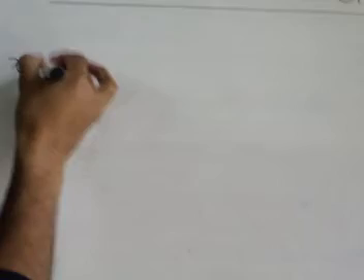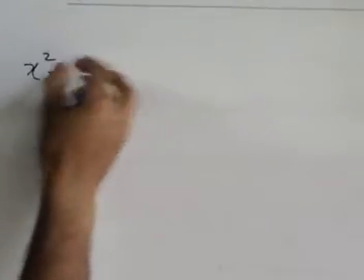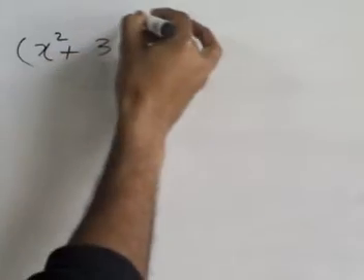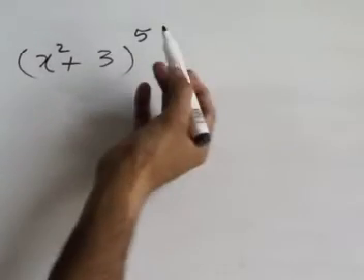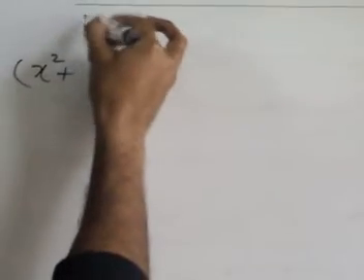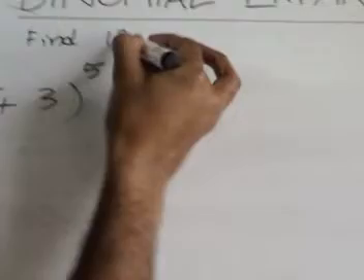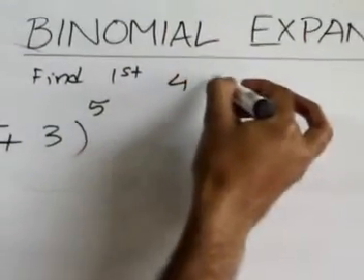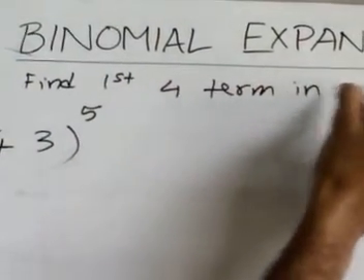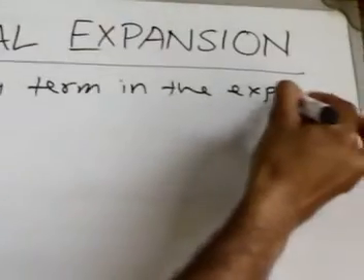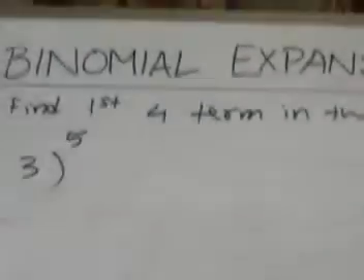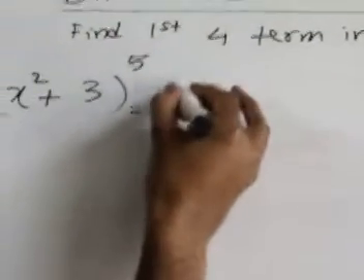Say I have (x^2 + 3)^5, and normally a question comes in a paper: find the first 4 terms in the expansion. How do we find it?